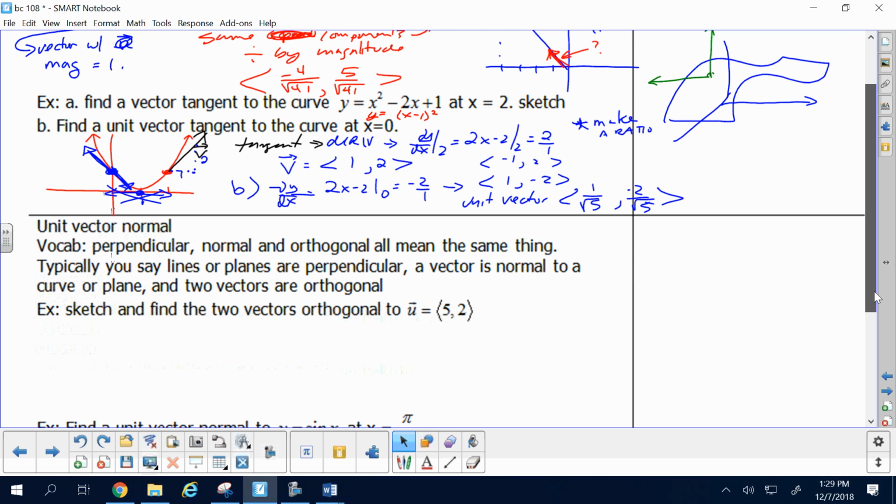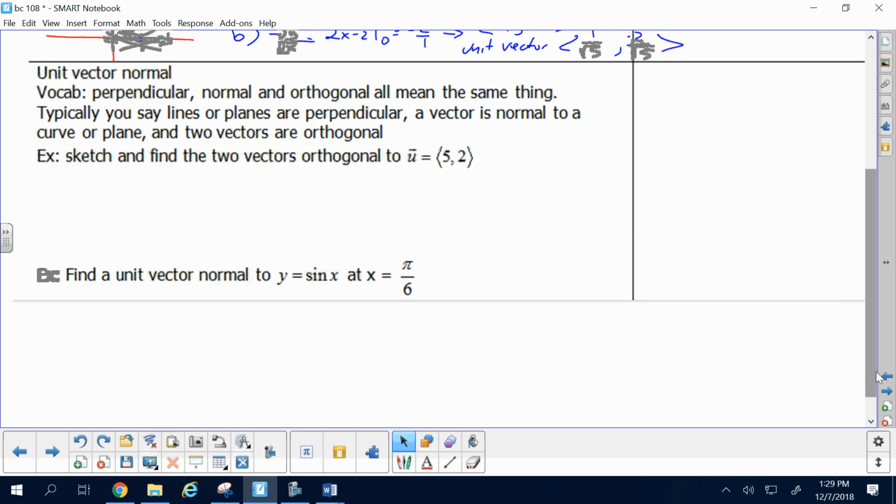All right, unit vector normal. There is a little bit of vocabulary. Math people, they can't make it easy. They have to throw in extra vocabulary to make sure you're really part of the club. So, perpendicular, normal, and orthogonal all pretty much mean the same thing, but an educated person would use them at different times. If you say lines, you typically say lines are perpendicular.